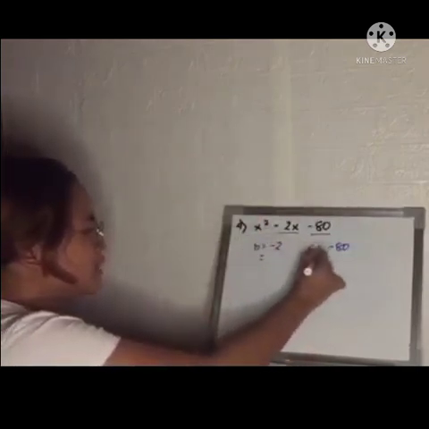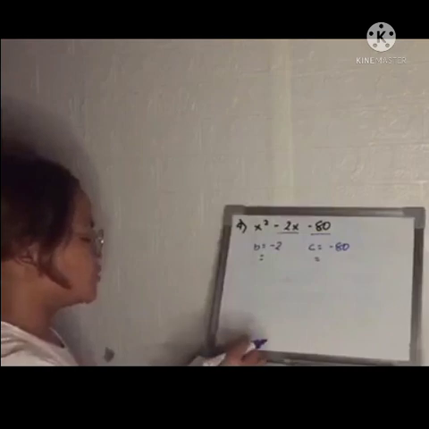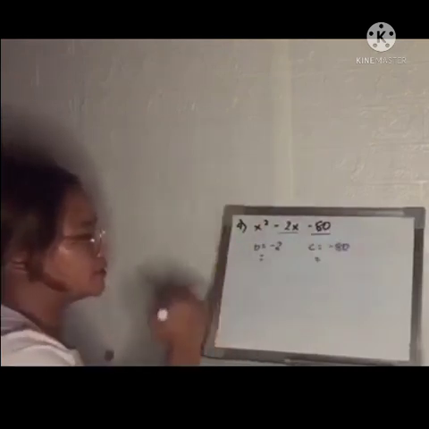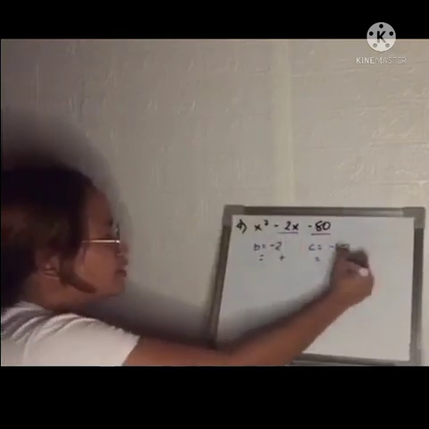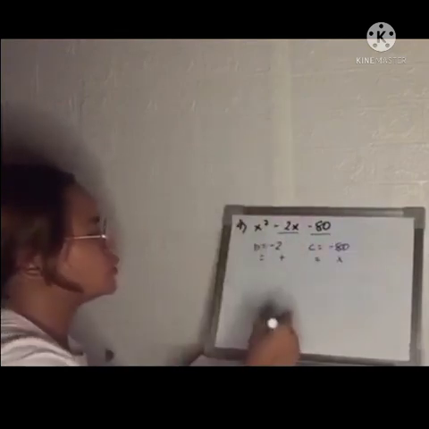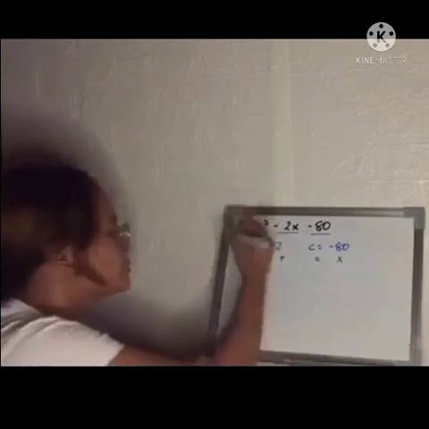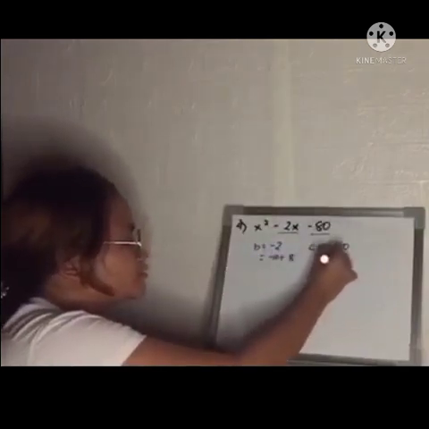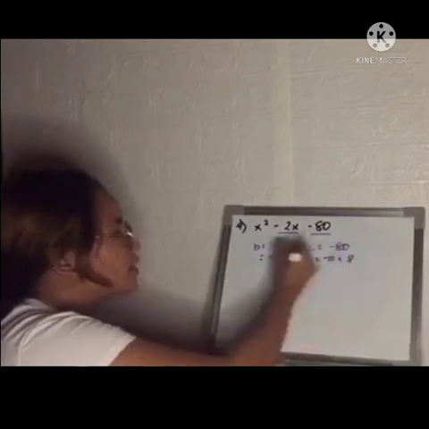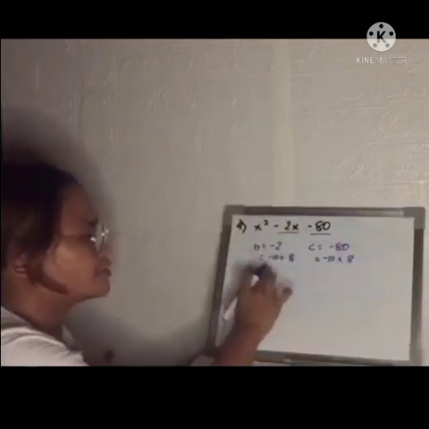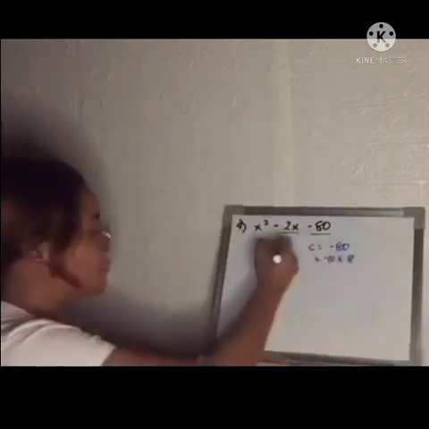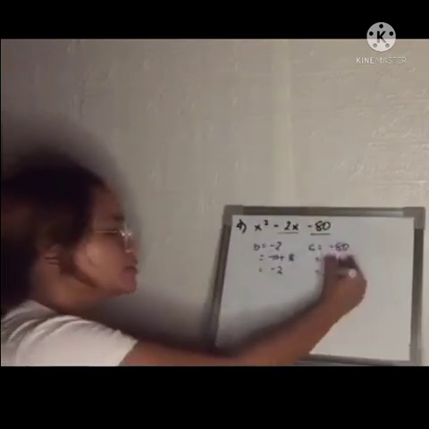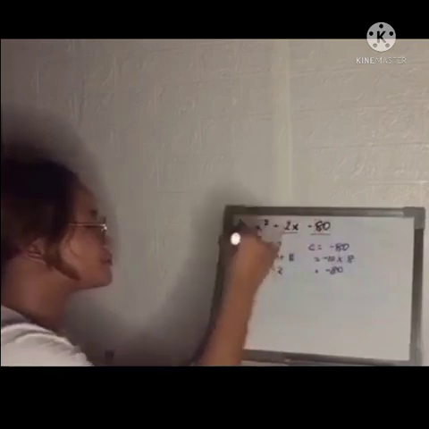The second step is to find two numbers that add to b and multiply to c. Add and times. So we use negative 10 and 8. Negative 10 plus 8 is equal to negative 2. Negative 10 times 8 is equal to negative 80.